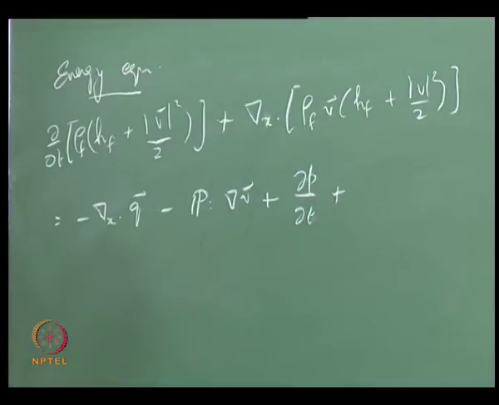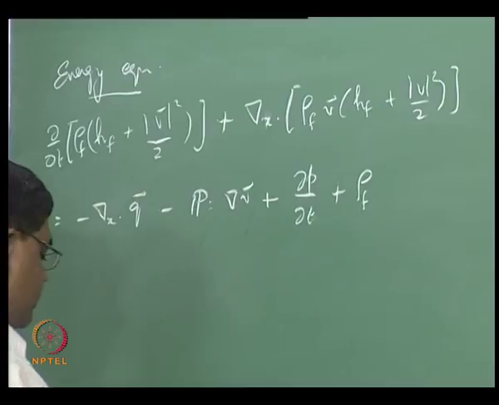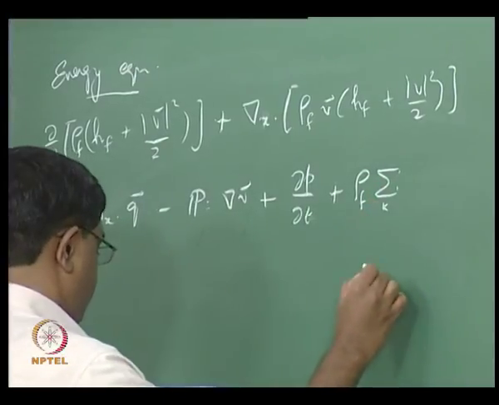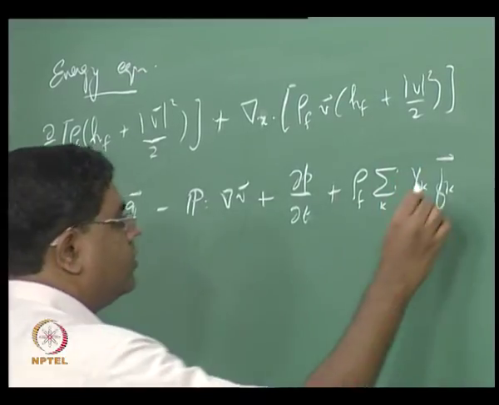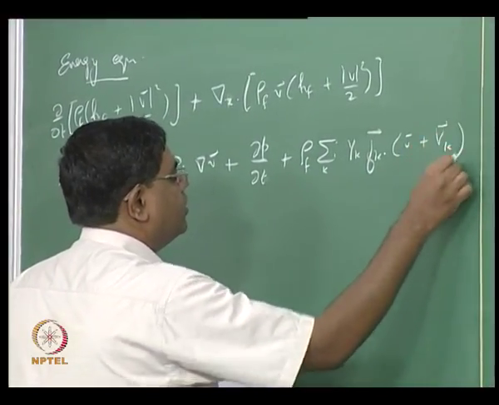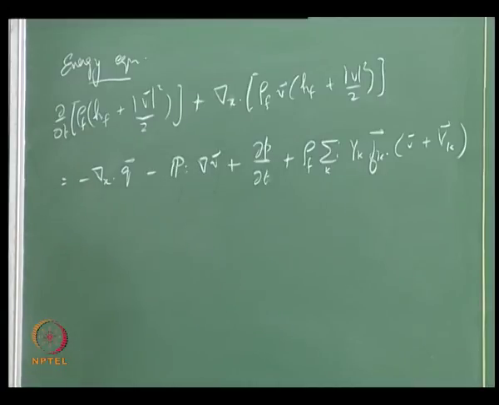That's coming from the PV work, and then you have the effect of body force, sum over k yk fk vector dot v plus capital Vk. This is the diffusion velocity of the kth species.